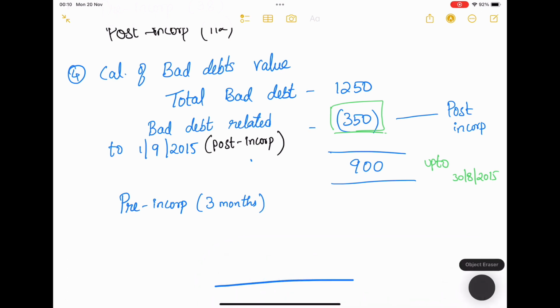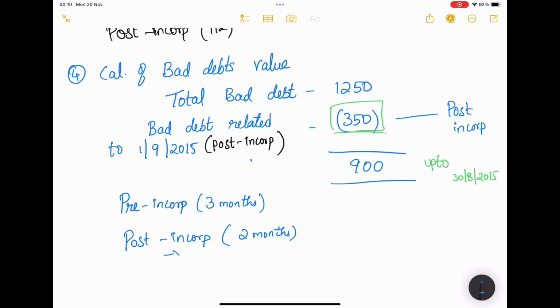So the post incorporation value will be, so only for 2 months I am going to identify the ratio. Why? Because in the question itself, up to 1/9/2015 they have mentioned, which means from incorporation we had on 1st July, isn't it?